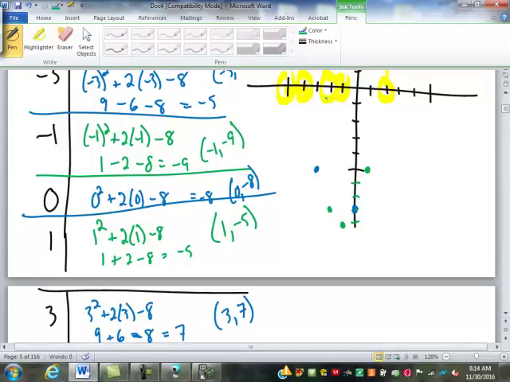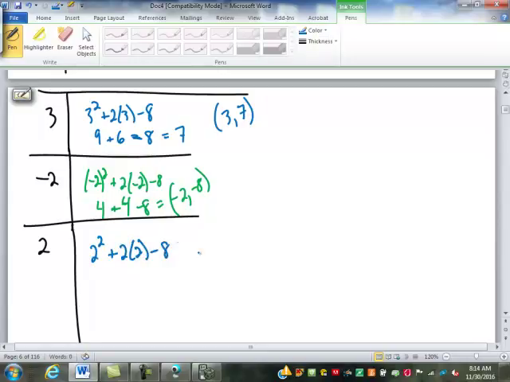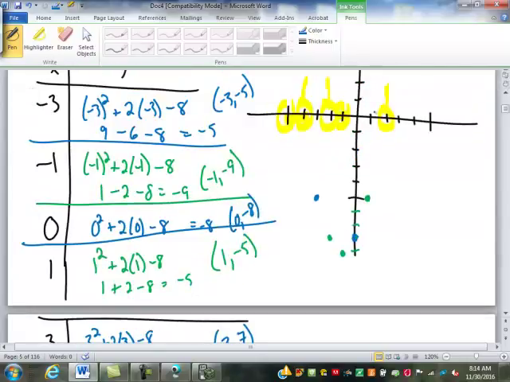Let's try +2. X is a +2. Y is 2 squared plus 2 times 2 minus 8. That's 0. X is 2, y is 0. So it's right there, 2, 0.